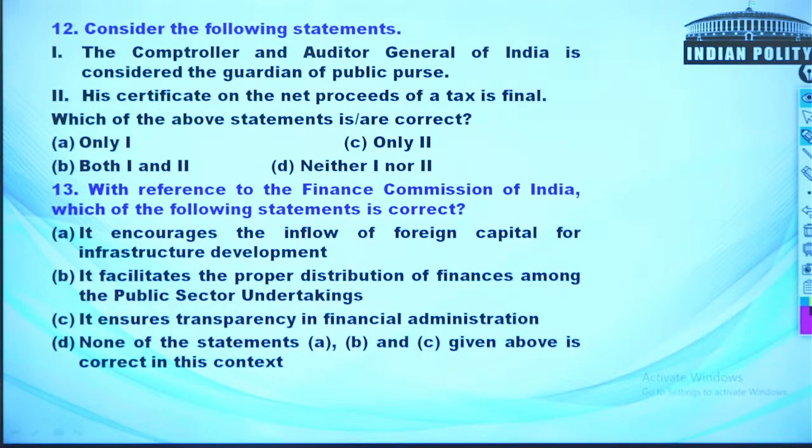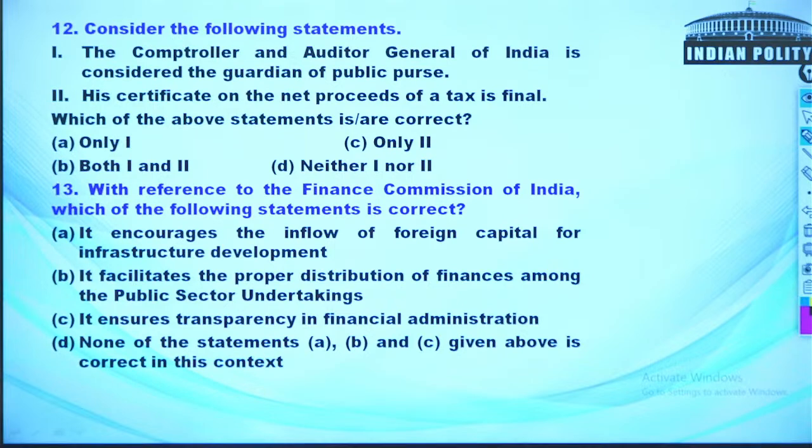It also determines the share of states out of the union sanction, and also recommends measures for the development of resources to empower the panchayats. So that is not a concern of encouraging inflow. It facilitates the proper distribution of finance among public sector undertakings.